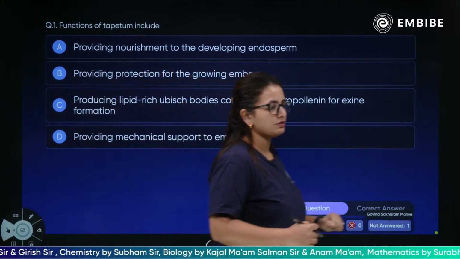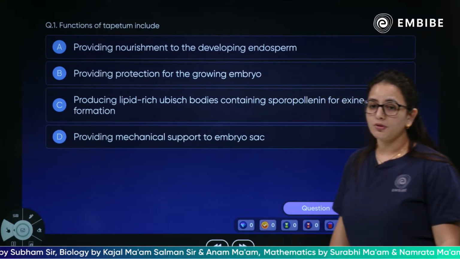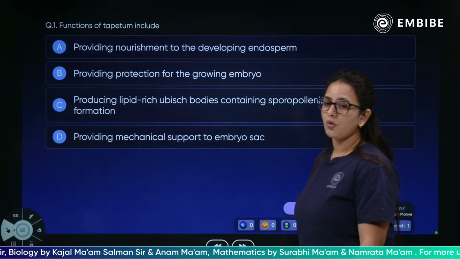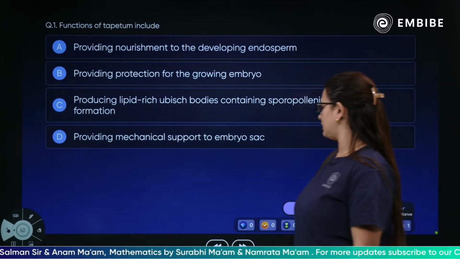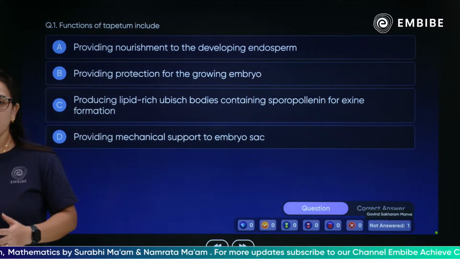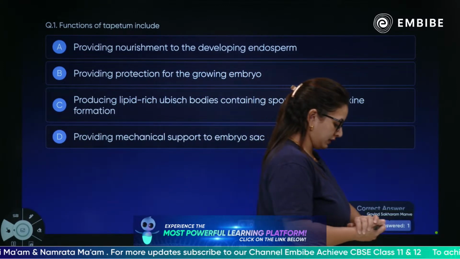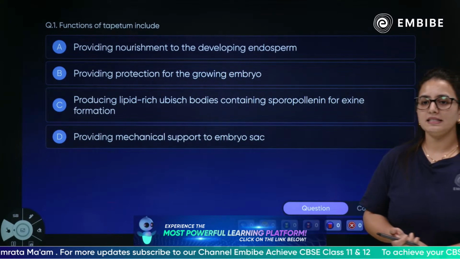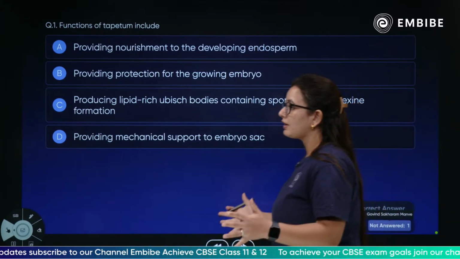What is the function of the tapetum wall? Options: provide nourishment, provide protection, provide lipid-rich Ubisch bodies containing sporopollenin, and provide mechanical support to the embryo sac. Quickly answer this. The function of the tapetum wall is that it majorly provides you with what?